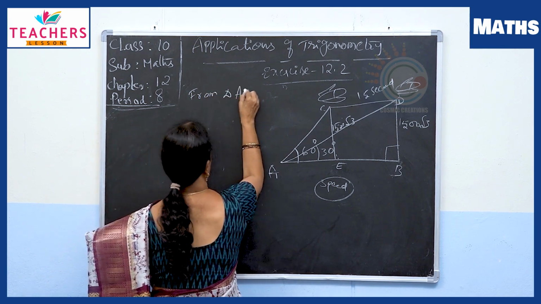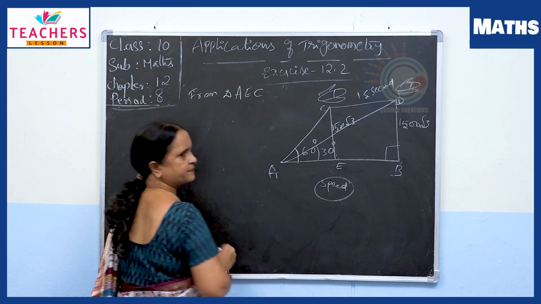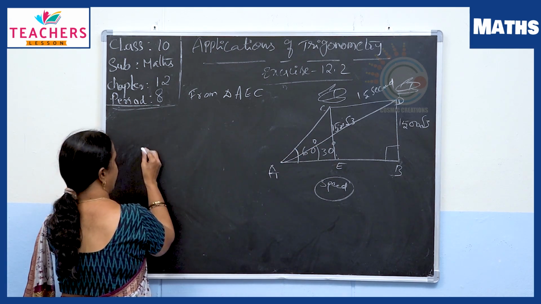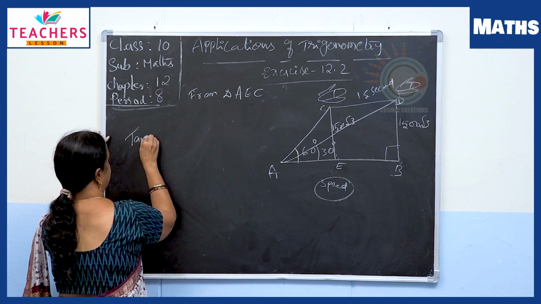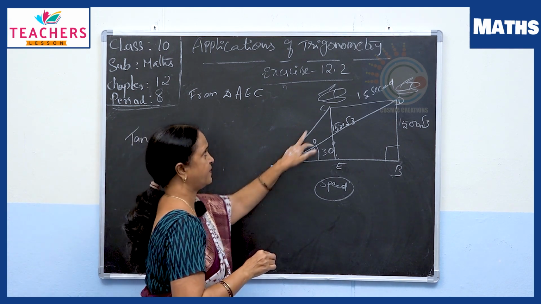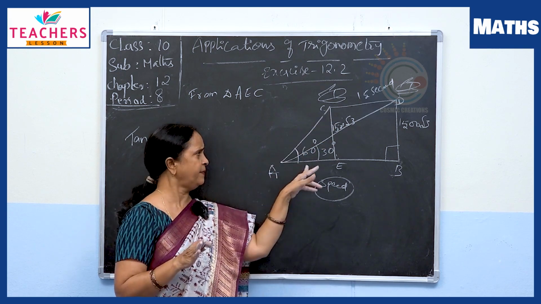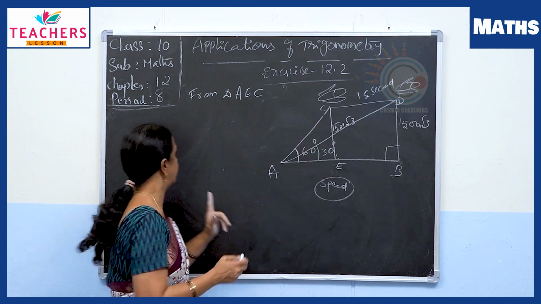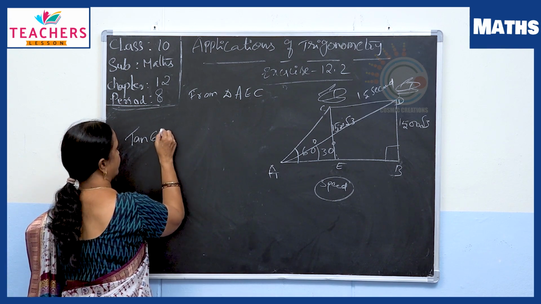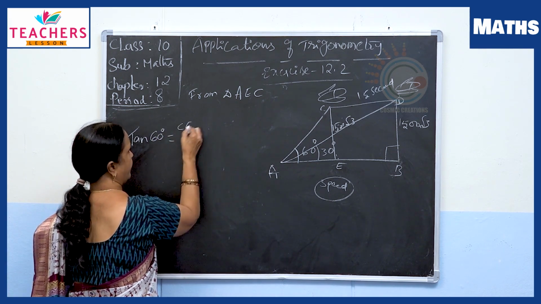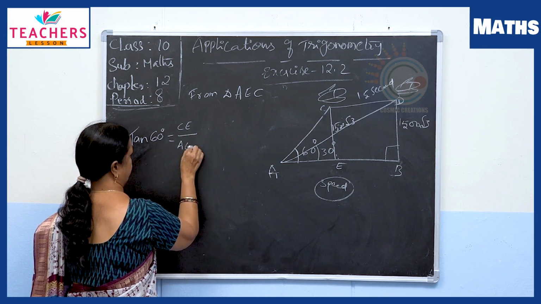From triangle AEC, the angle is 60 degrees. At first, it started from here, and when he looked up, it made an angle of 60 degrees. So tan 60 is equal to opposite CE by AE.